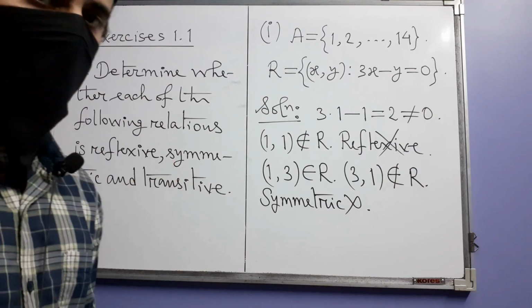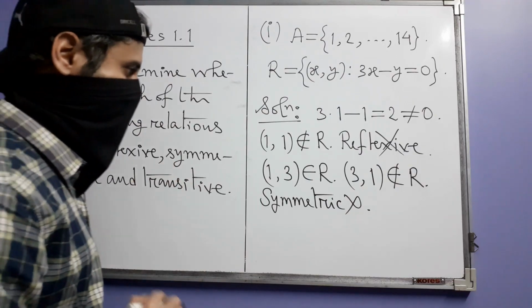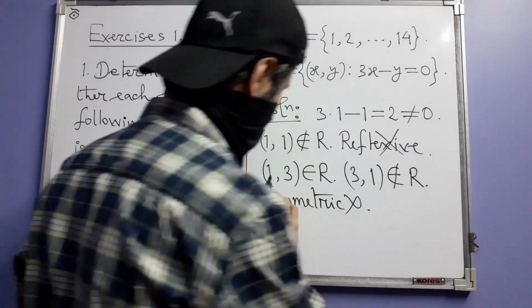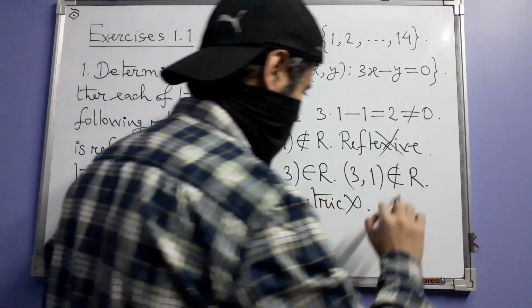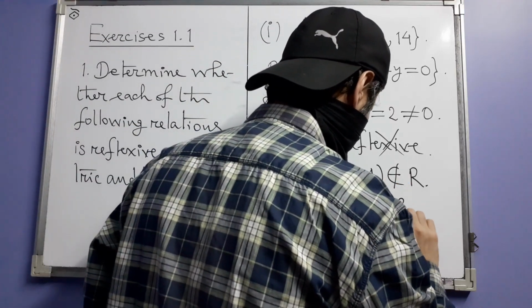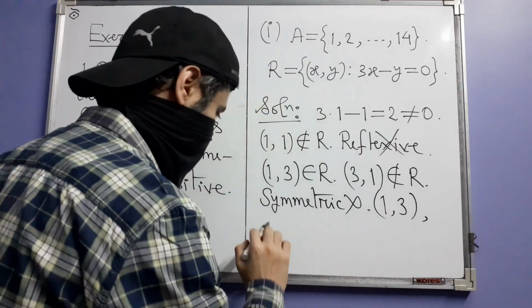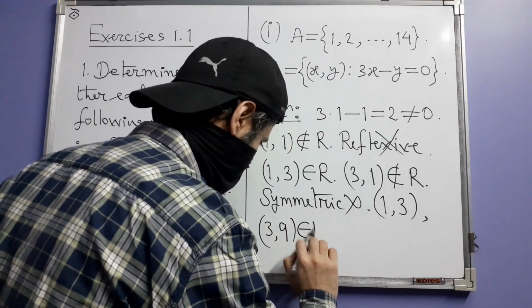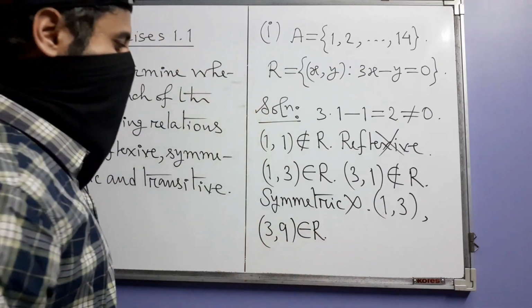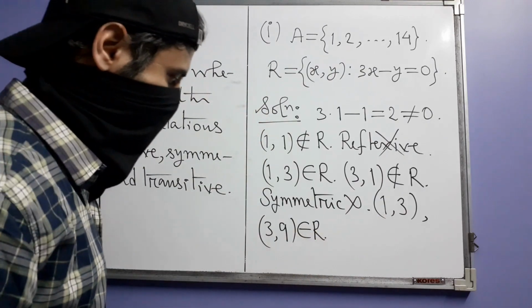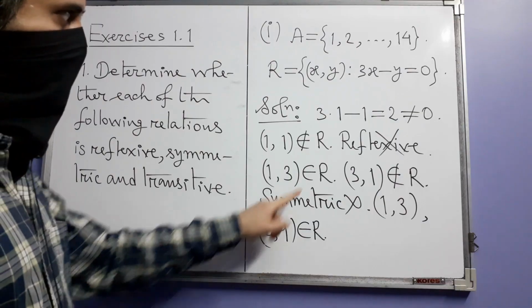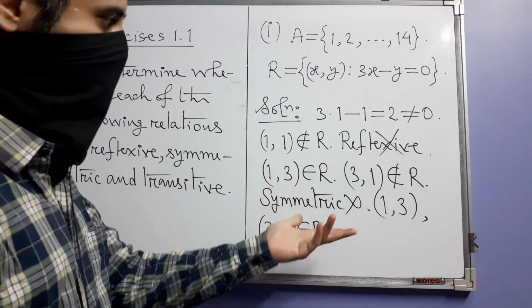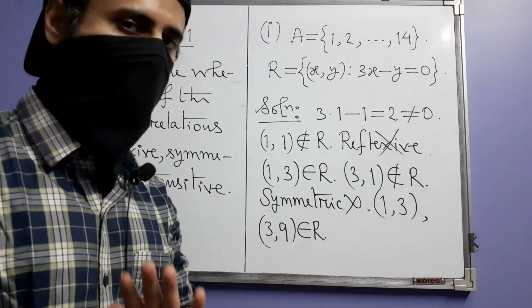What about transitivity? For that, let us consider this. We already know that (1, 3) belongs to R. Let us also note the fact that (3, 9) belongs to R. Both of these ordered pairs belong to R. If you substitute x equal to 3, then 3x becomes 9 and 9 minus 9 is really 0.